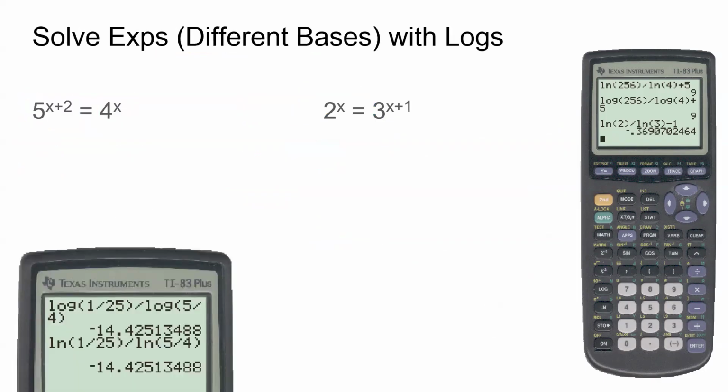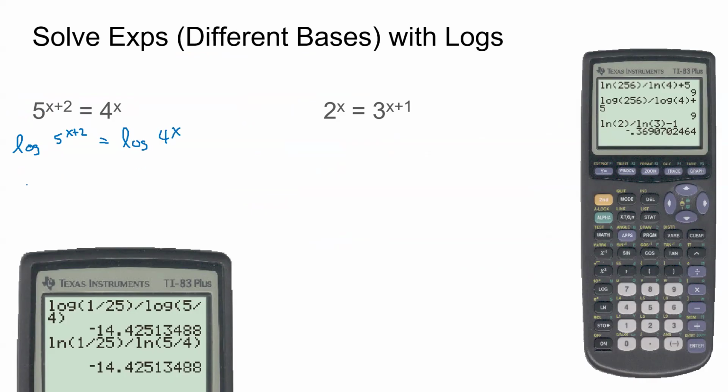Okay. Here I want to solve some exponentials that have different bases, but again, not tricky. I see exponentials. I know switching to logarithms is a good option, or I could take the logarithm of both sides. And so let's do that here. I'll have the log of 5 raised to the x plus 2 equals the log of 4 to the x.